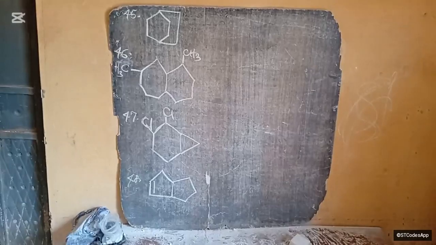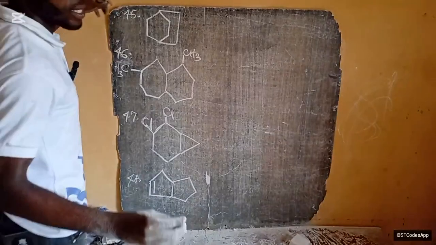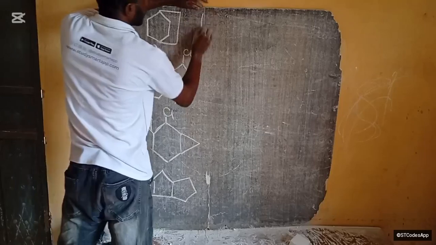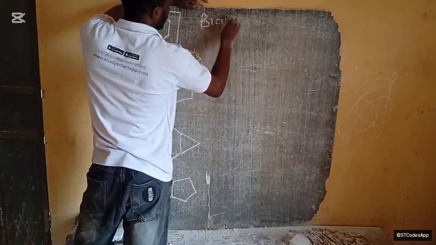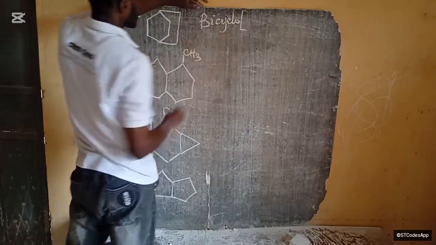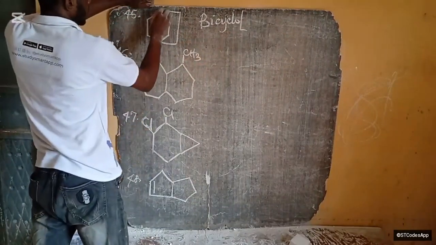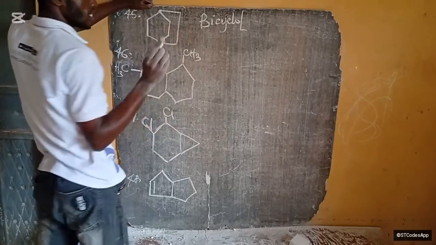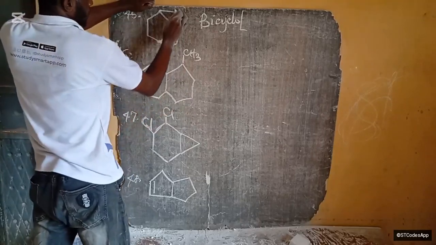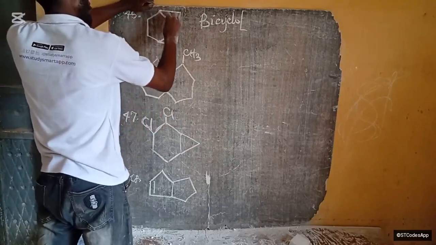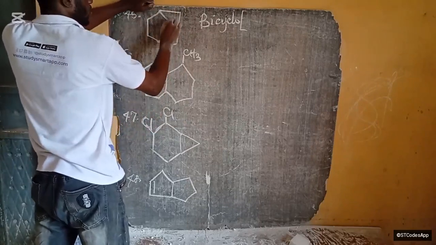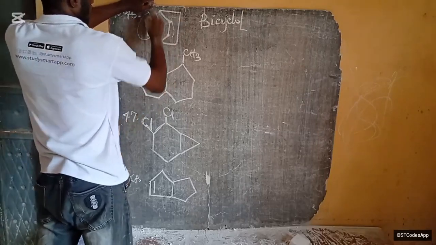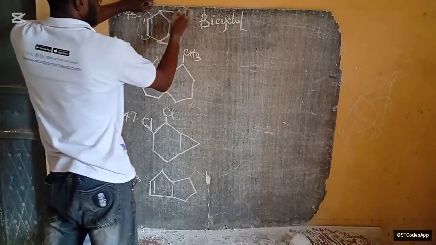Alright, for this one we'll go by the same principle. We have bicyclo, starting with the bridgehead carbon. The bridgehead carbons are going to be here. If you pick this as your bridgehead carbon, you're going to have two carbons in between here, 1, 2, and two carbons in between here too.